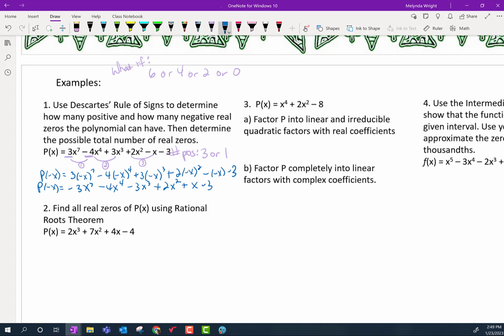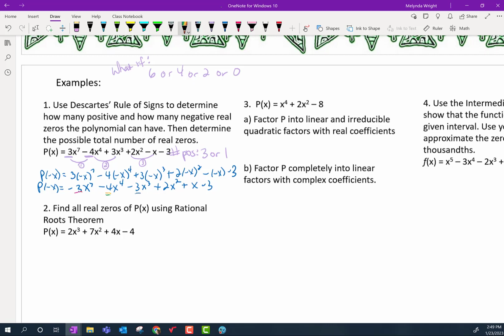Now, just like when we were looking for positives, when we're looking for negatives, I'm comparing term by term. I'm comparing all these terms right here. Okay, when I go from a negative 3 to a negative 4, I do not have a sign change. When I go from a negative 4 to a negative 3, I do not have a sign change.